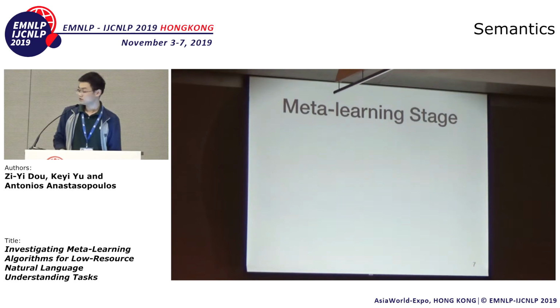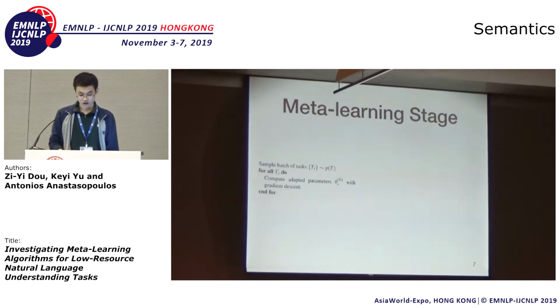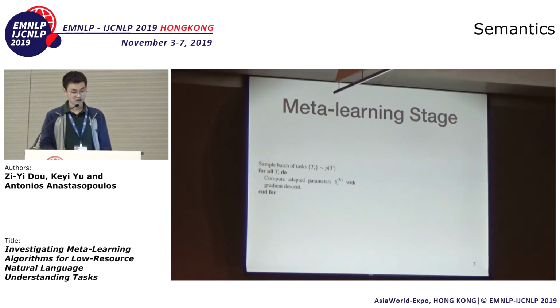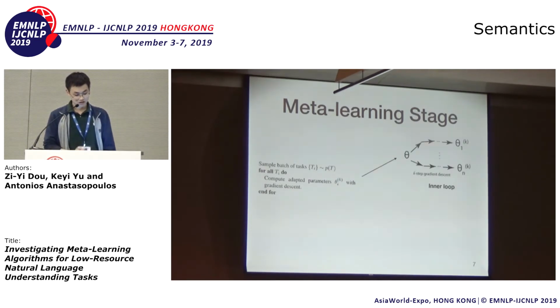At the meta-learning stage, first, we sample a batch of tasks, T_i, from a predefined task distribution. And for each T_i, we compute the adaptive parameters theta_k^i with gradient descent. Specifically, for each task, we do an inner loop update. We perform gradient descent k times to obtain the adaptive parameters.